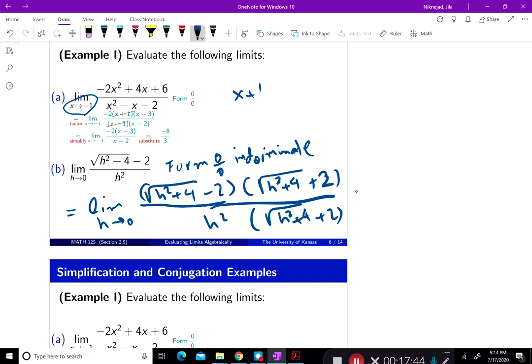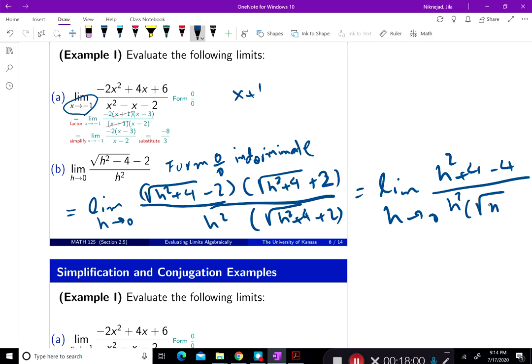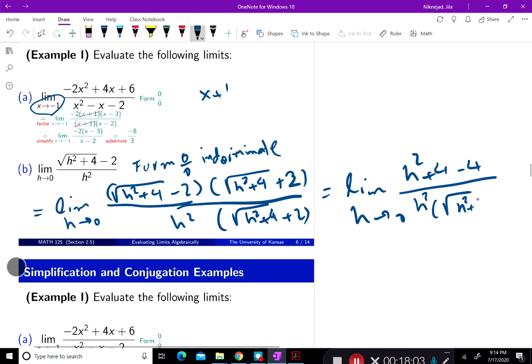And then the top becomes just h squared plus 4, which is the first term to power 2, minus the second term to power 2, and over h squared, square root of h squared plus 4 plus 2.